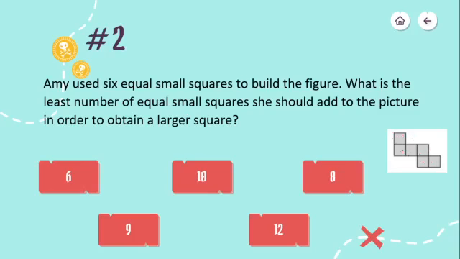Okay, now you should calculate the number of rows and columns. Okay, this is 1 row, 2 row and 3 row. Okay, next calculate the columns 1, 2, 3, 4.